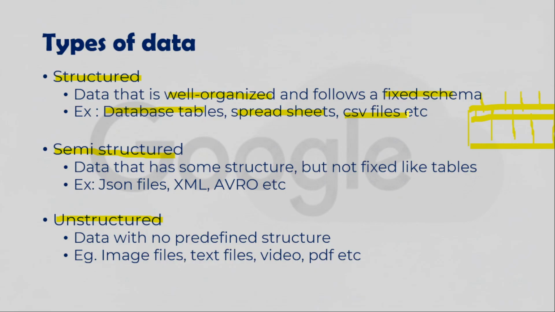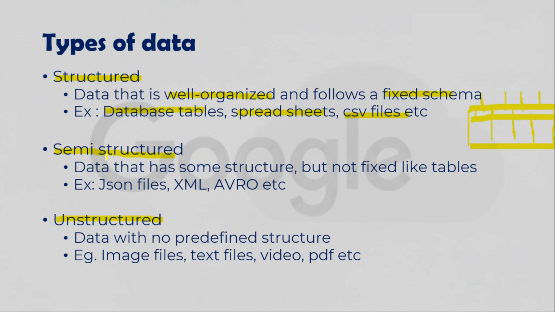Whatever data you see is well organized and you can read it very easily, in neatly arranged rows and columns, and hence it has a fixed structure and is predictable. So reading structured data is very simple.